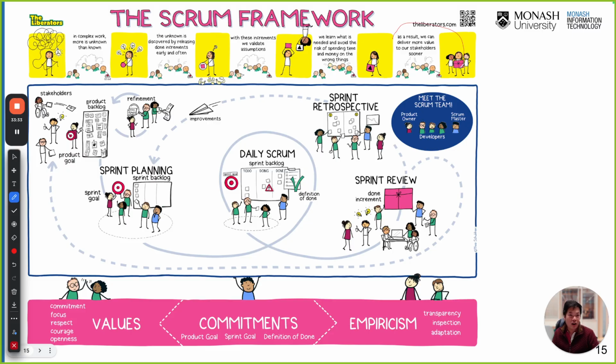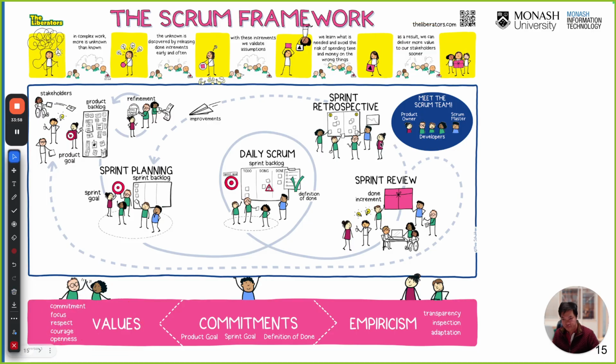Last thing, as a result, we can deliver more value to the stakeholders sooner. That's really the key point of the Agile Manifesto, okay? So we prioritize customer interaction, okay? And the values of the Scrum framework are commitment, focus, respect, courage, and openness, okay?